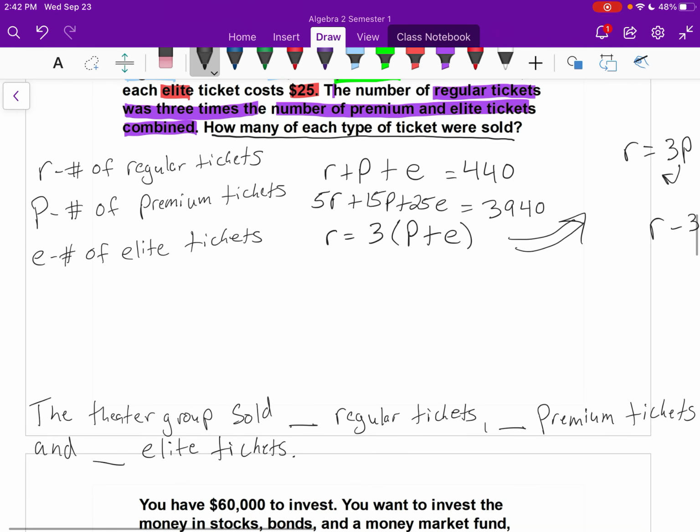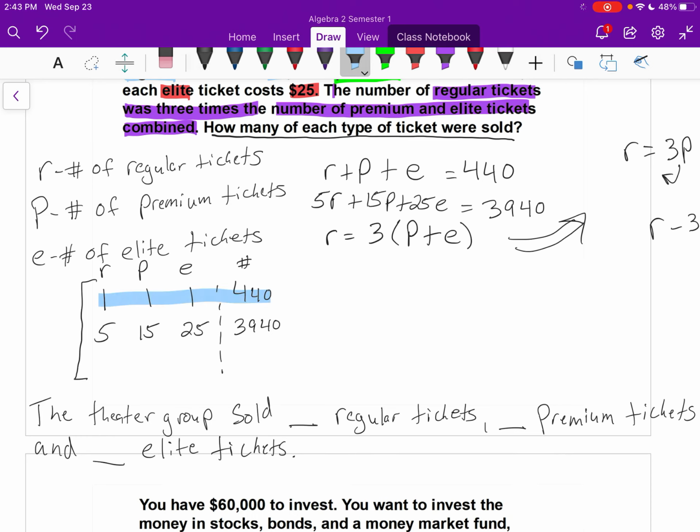So just going to write in our augmented matrix now. Using that first equation, I got 1, 1, 1, 440. So remember, now we got our R's, our P's, and our E's, and then the constants. On that second equation, 5, 15, 25, and then 3,940.